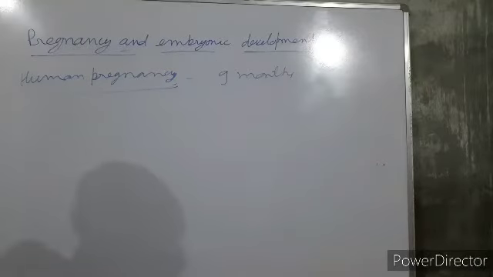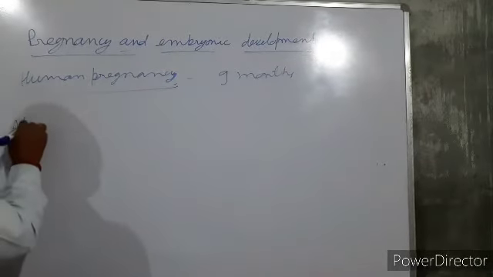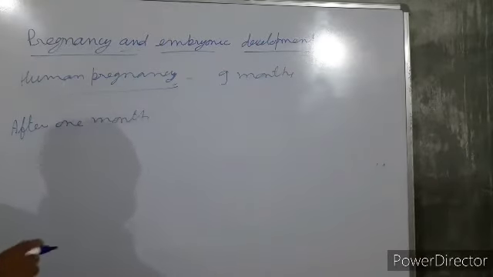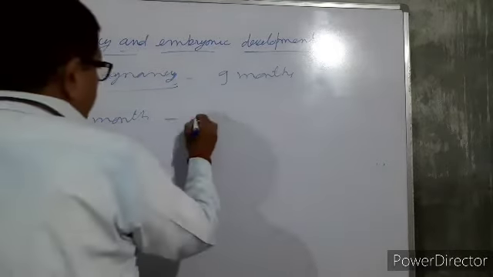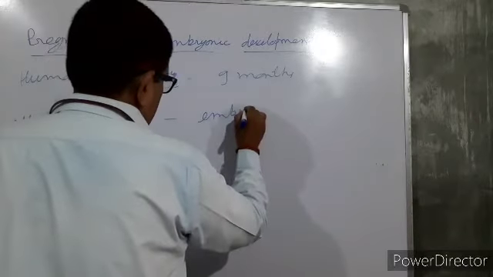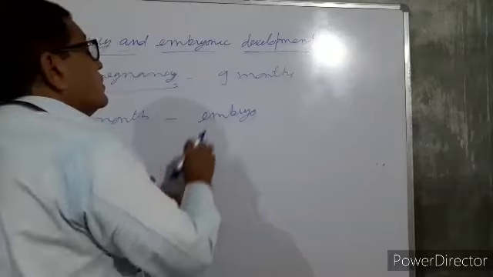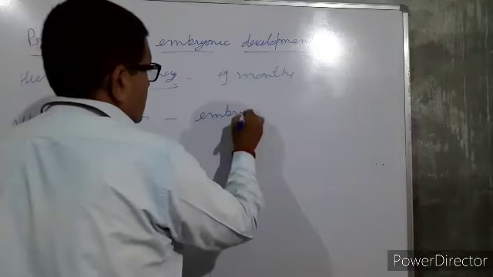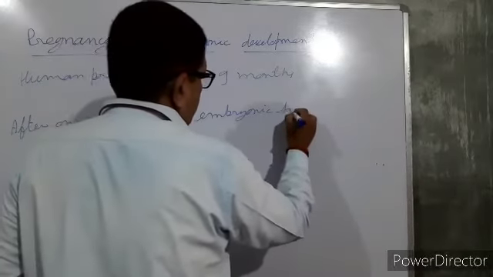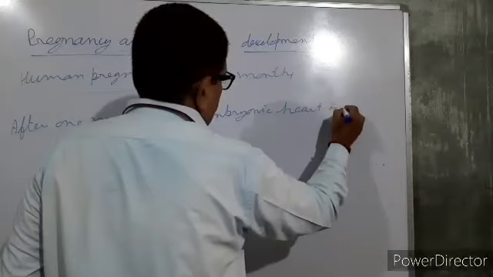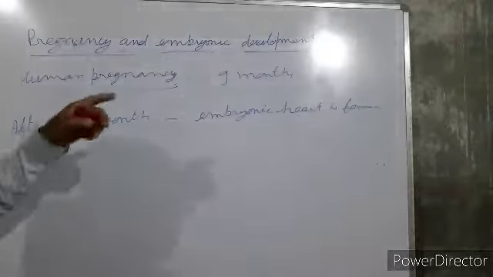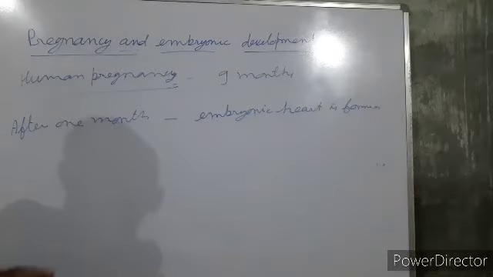So after 1 month of the pregnancy, the embryonic heart is formed.